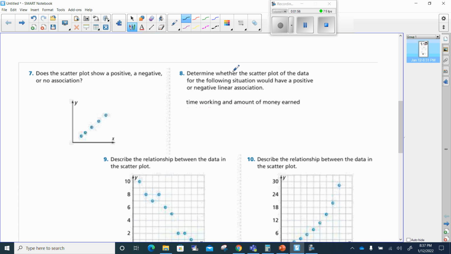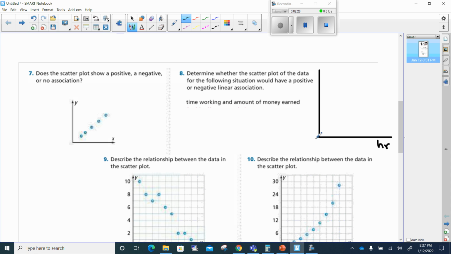Number 8 is mine. Determine whether the scatter plot of the data for the following situation would have a positive or negative linear association. Time working and amount of money earned. It says time working, so we know we'll probably be getting paid per hour.